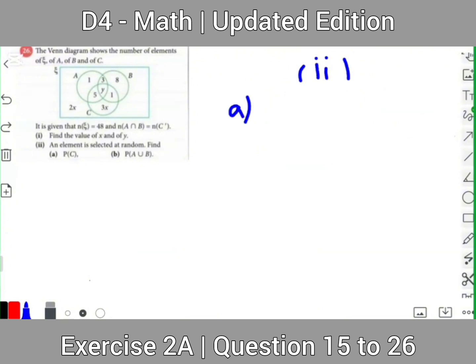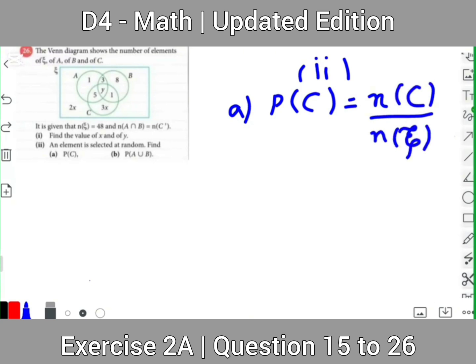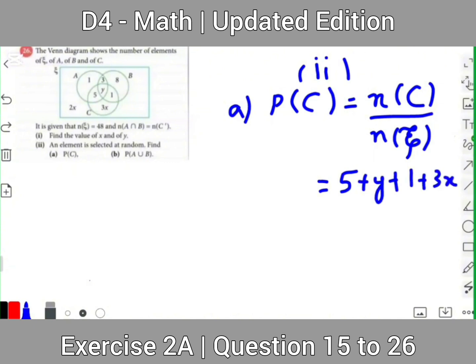When an element is selected at random, then find the probability of C. To find the probability of C, we'll use the formula: the probability of C is equal to the number of elements in C divided by the number of elements in the set ξ. So the number of elements in C is 5 plus y plus 1 plus 3x, divided by 48.